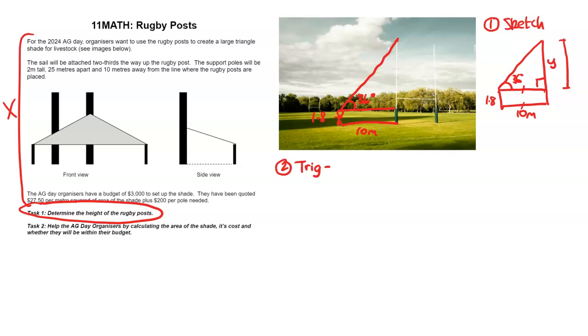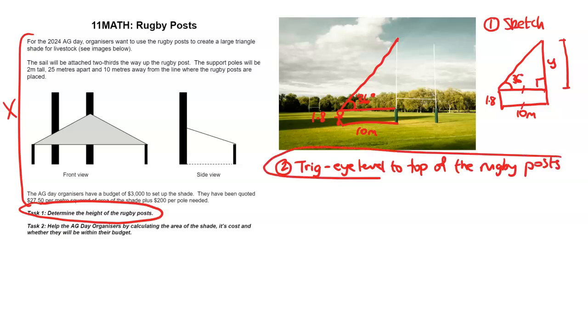So I'm going to write that down: eye level to top of triangle, which is actually the top of the rugby posts. I do want to note that this little communication element is, I think, an important thing to do for achieve, just so the marker knows what you're trying to calculate.